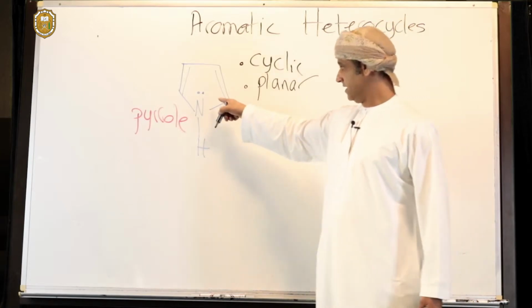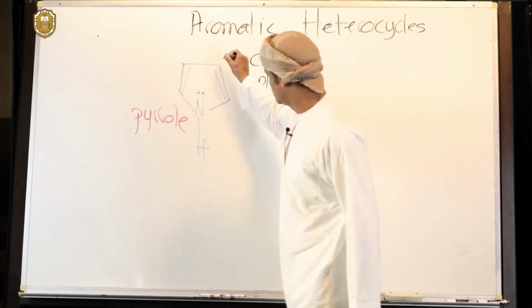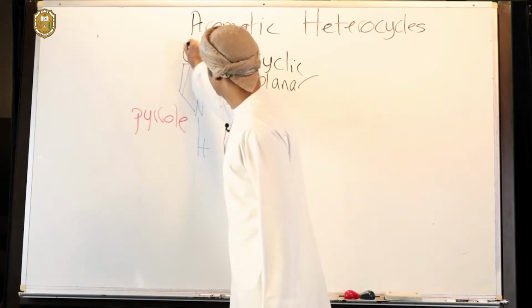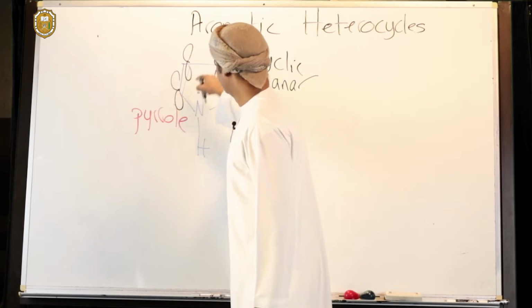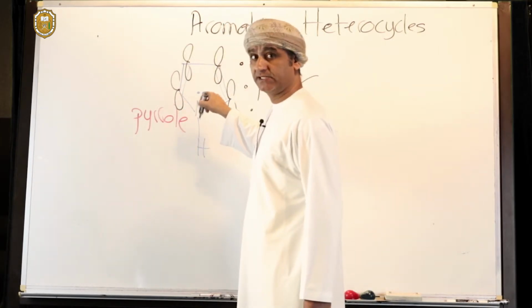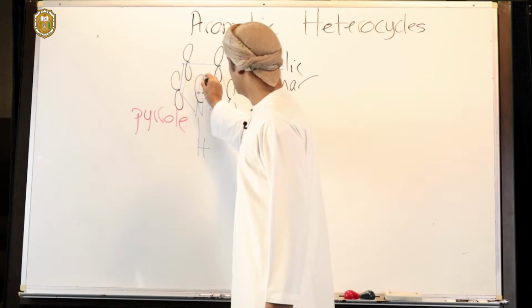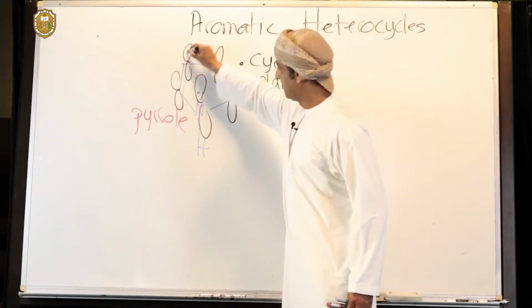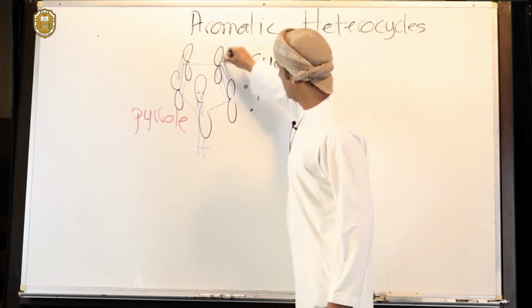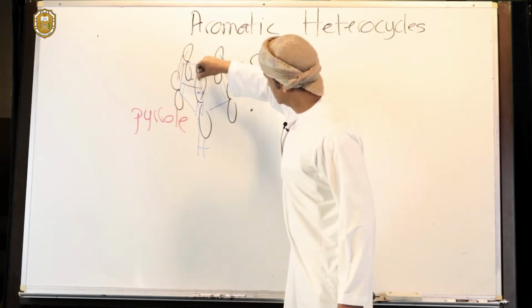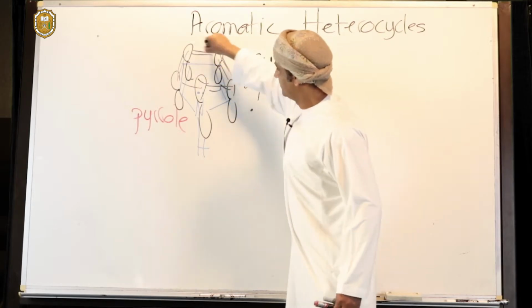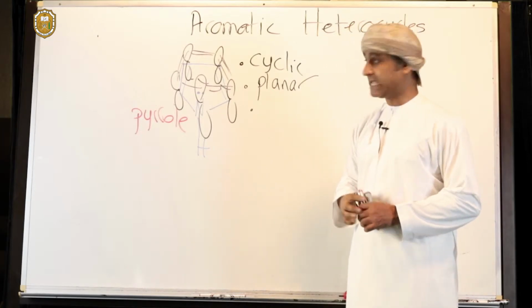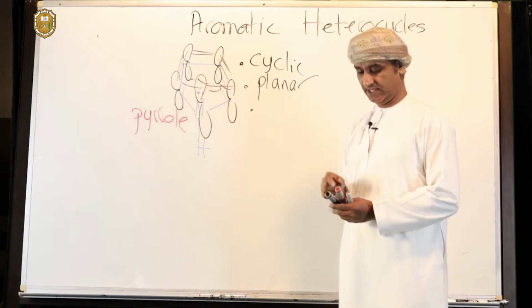And of course, there is a p orbital on each of these carbon atoms. For pyrrole to be aromatic, this lone pair must be situated in a p orbital for efficient, continuous overlap on the pyrrole ring. This lone pair is located in a p orbital.